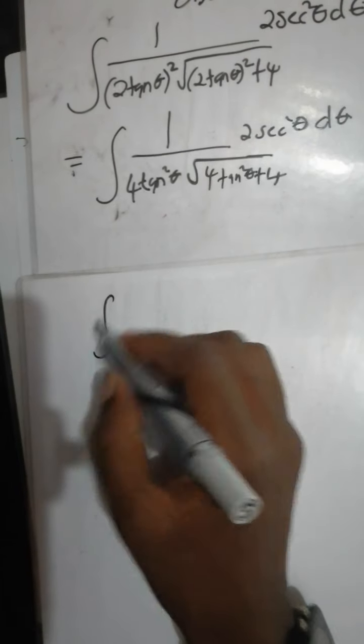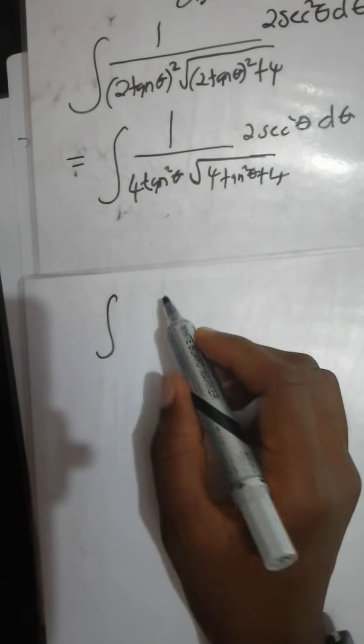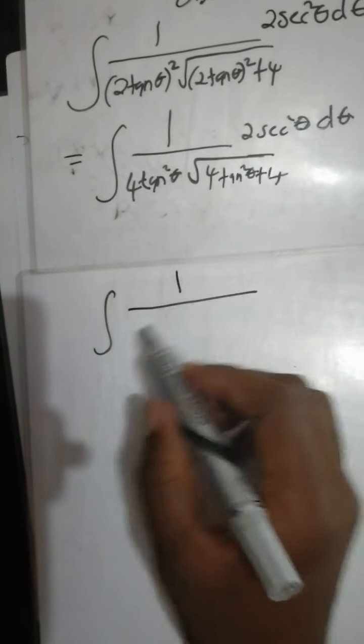Let's continue with this. Now we're going to take out the common factor inside the square root.